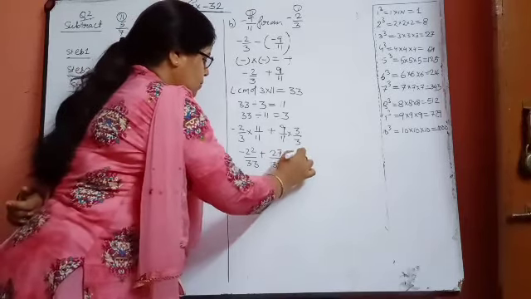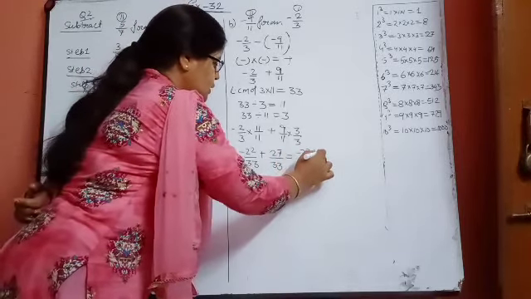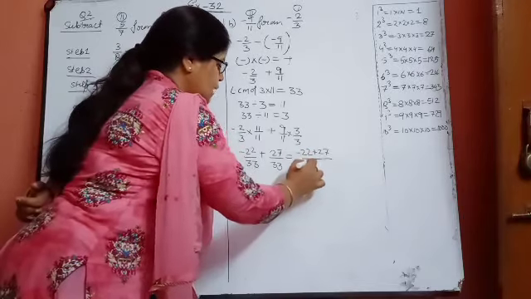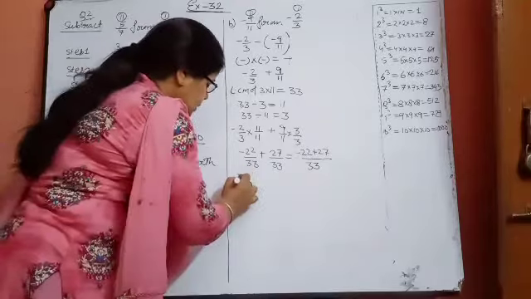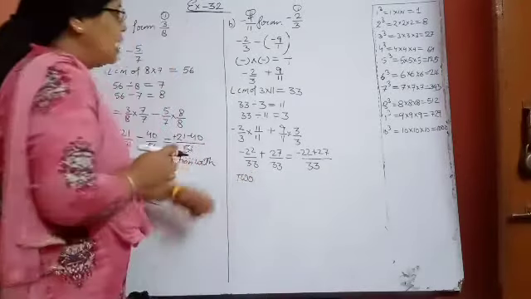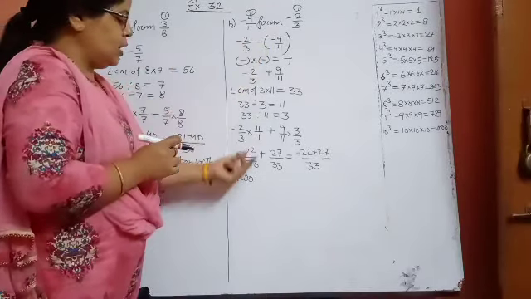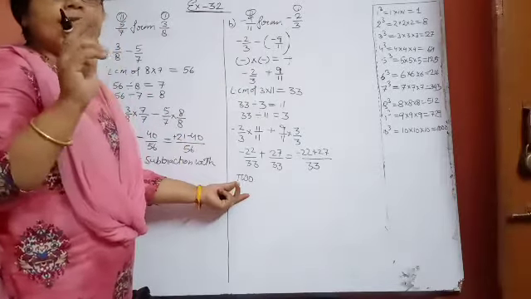Now how will you write? Minus 22 plus 27 upon 33. Again the same rules of integers will be applied. Two opposite sign numbers. Here we applied the rules of multiplication, and here we are applying the rules of addition and subtraction.